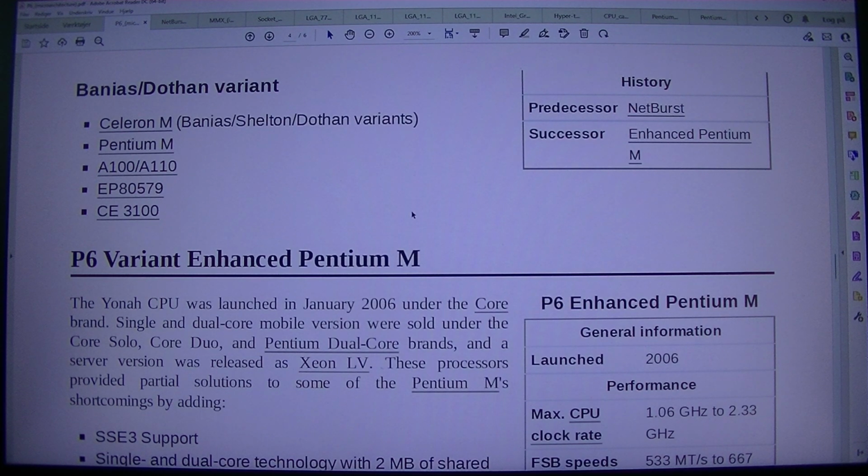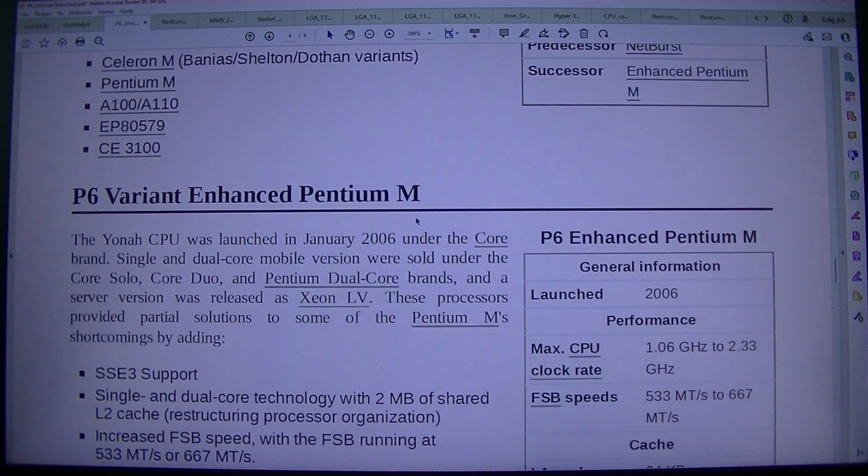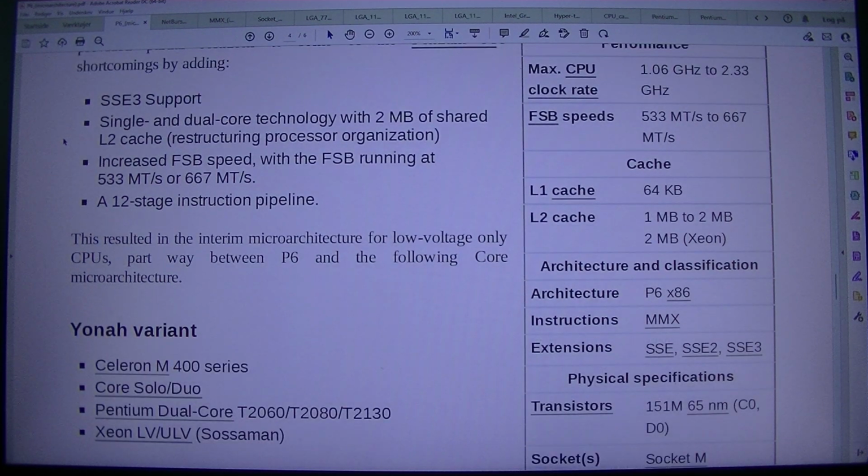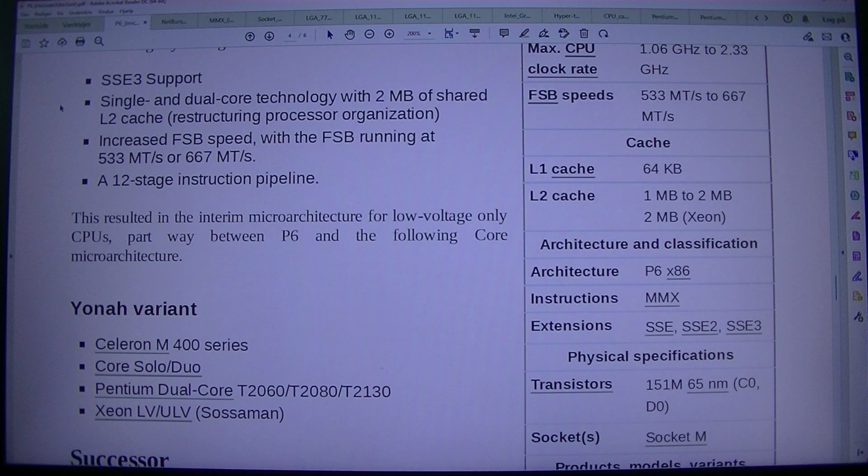The Yonah CPU was launched in January 2006 under the Core brand. Single and dual core mobile versions were sold under the Core Solo, Core Duo, and Pentium Dual-Core brands, and a server version was released as Xeon LV. These processors provided partial solutions to some of the Pentium M's shortcomings by adding SSE3 support. Single and dual core technology with 2 MB of shared L2 cache, restructuring processor organization.